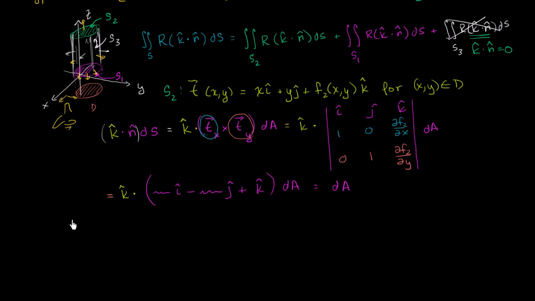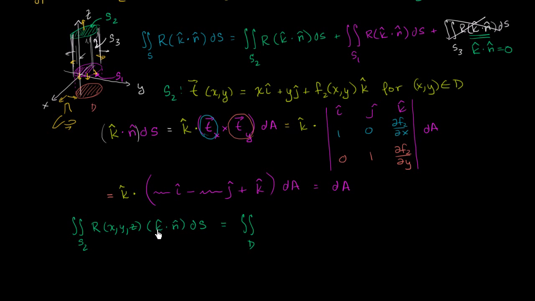So this surface integral over S2 of r, which is a function of x, y, and z, times k dot n dS, which I just rewrote up here, is equivalent to the double integral over our parameters domain of r of x, y, z times all of this business, which just simplified to dA.